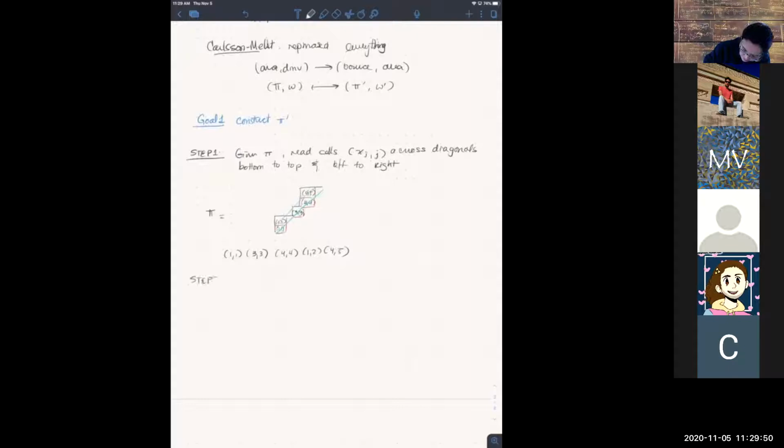What is the second step? Wait, is that it? Left to right or right to left? So you said bottom to top, and left to right. So bottom to top across the diagonal. You read the bottom diagonal first, which is bottom to top. The other diagonal is to the left of that, right? I guess I was seeing 1, 1 as to the left of 3, 3. I was thinking about your 1, 2, 4, 5 diagonal. Yeah, and 1, 2 is to the left of 4, 5.